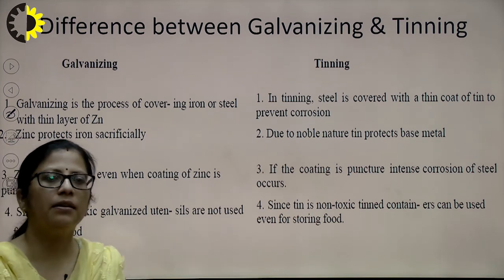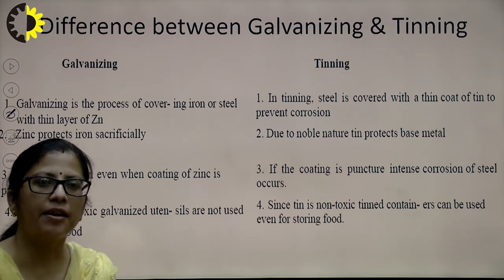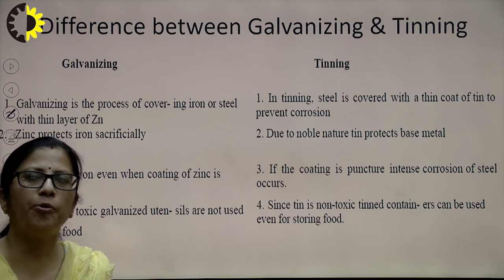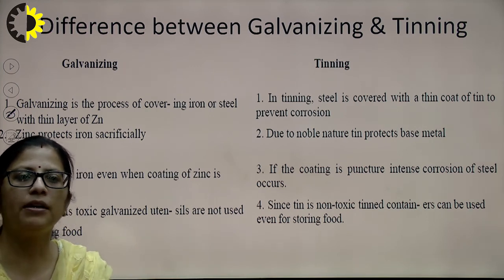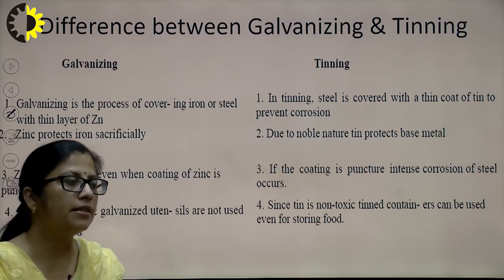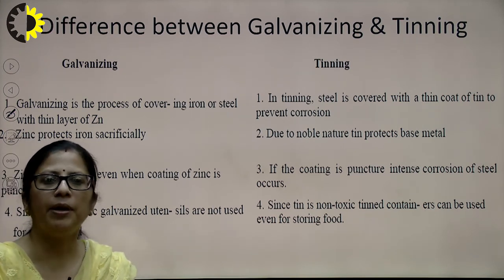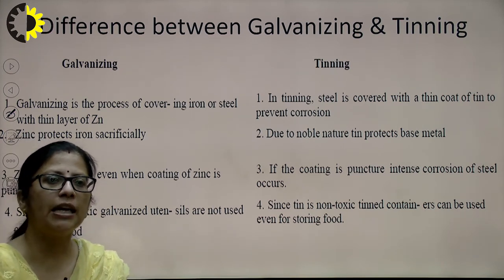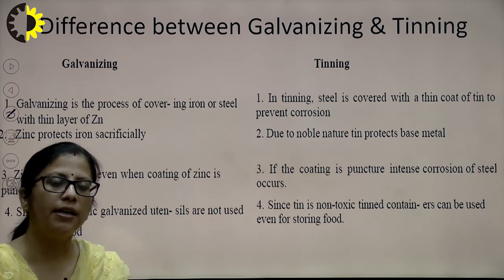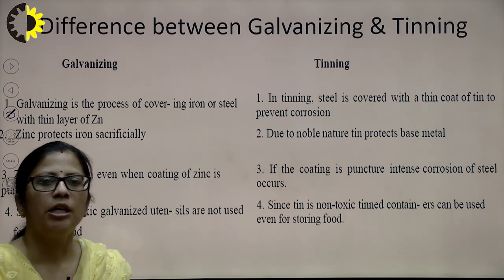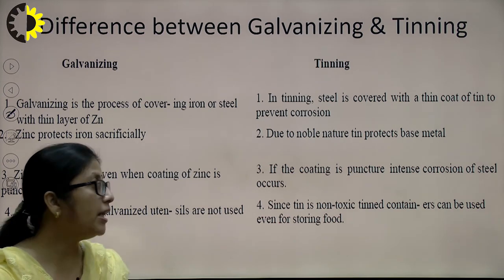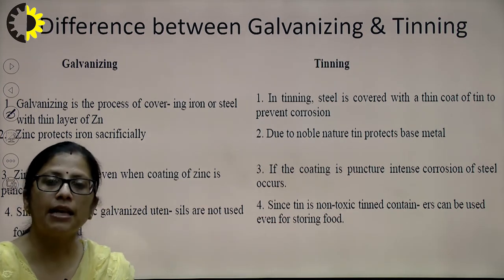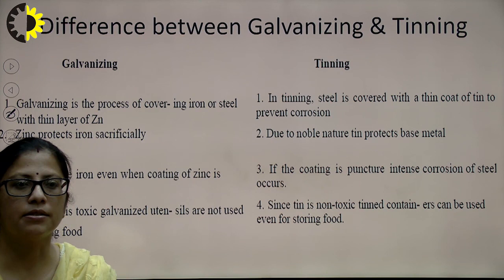Now, zinc protects iron sacrificially, whereas tin protects iron due to its noble character. Then, zinc protects iron even when the coating of zinc is punctured or there are cracks, but if the coating of tin gets punctured, intense corrosion of steel occurs.